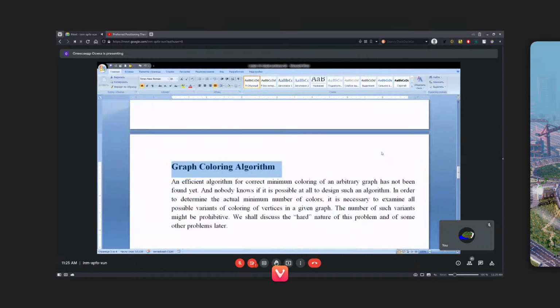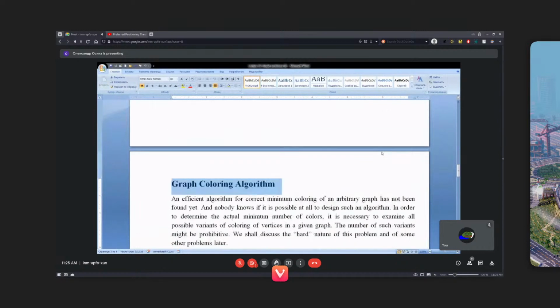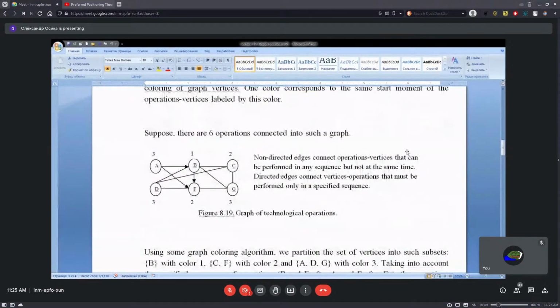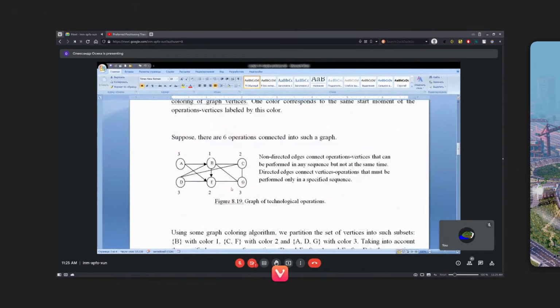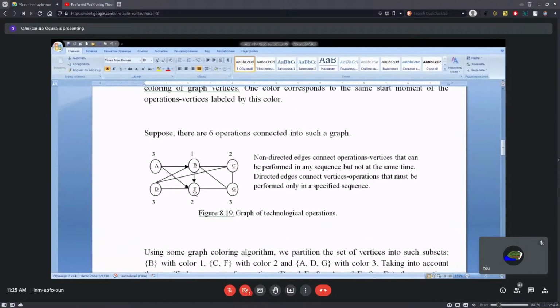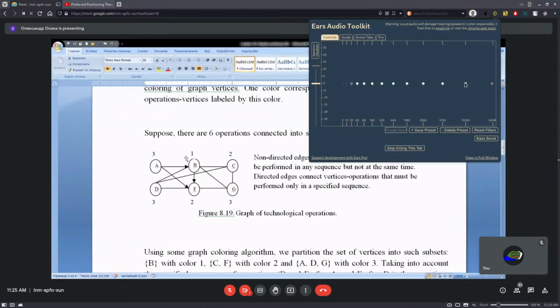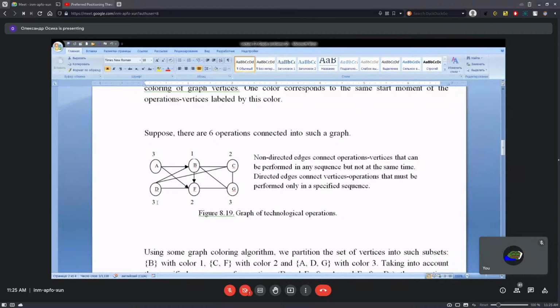I just remind you. But of course, if we have just 6 vertices, it can be done without any algorithm. Look here, just plan a bit, experiment, and you'll get some variant of coloring. But if we have 500 or even more operations, the graph becomes very, very complicated.